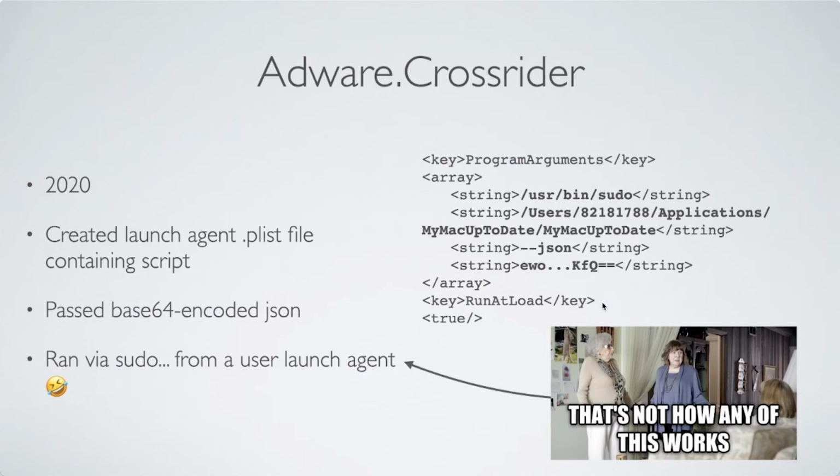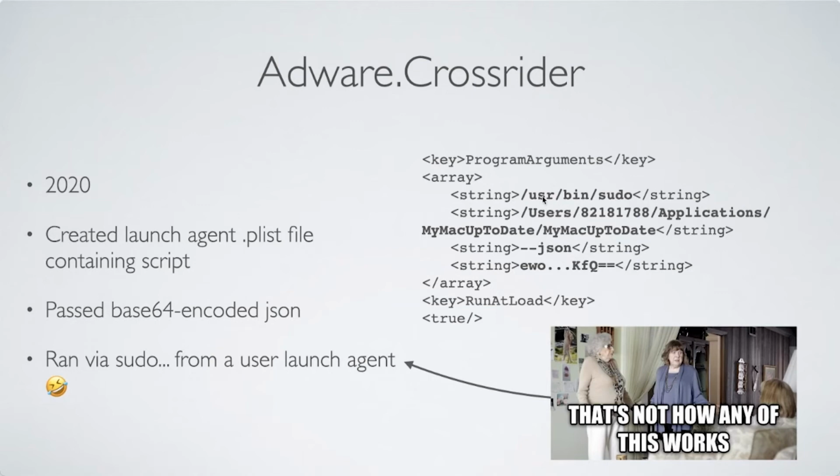Here's another example. This was CrossRider again. CrossRider has done some pretty sophisticated things at times. This was not one of those things. In 2020, we saw that they created a launch agent plist file that contained a script, and it basically passed some base64 encoded JSON to the file that it was launching.